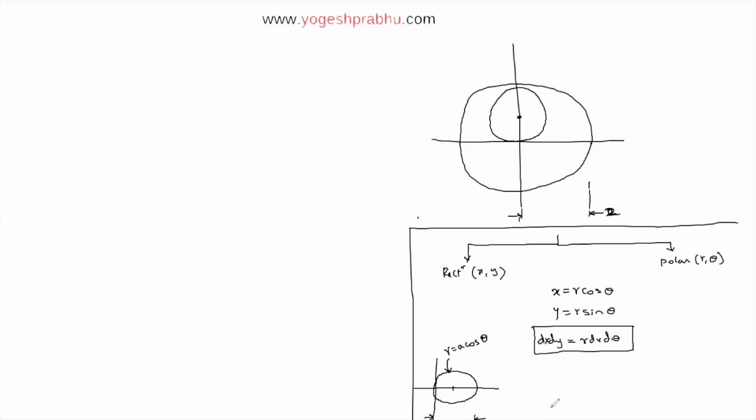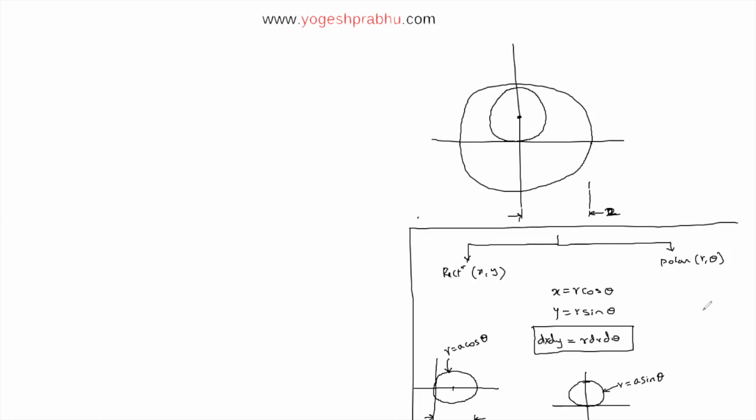If you have a circle like this with diameter a, then this is r equals a sine theta. Now I can prove this, but I don't want to get into that right now. So if you have a circle touching the y-axis, it is r equal to a cos theta. If you have a circle touching the x-axis, it is r equal to a sine theta. Okay. Good.